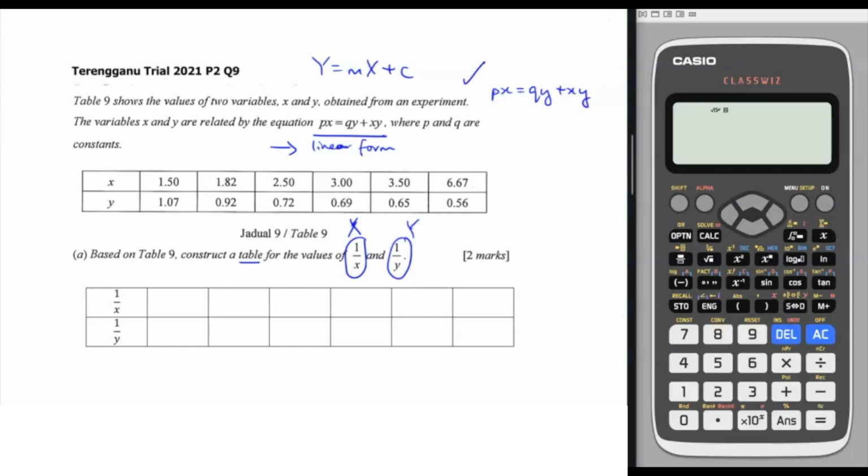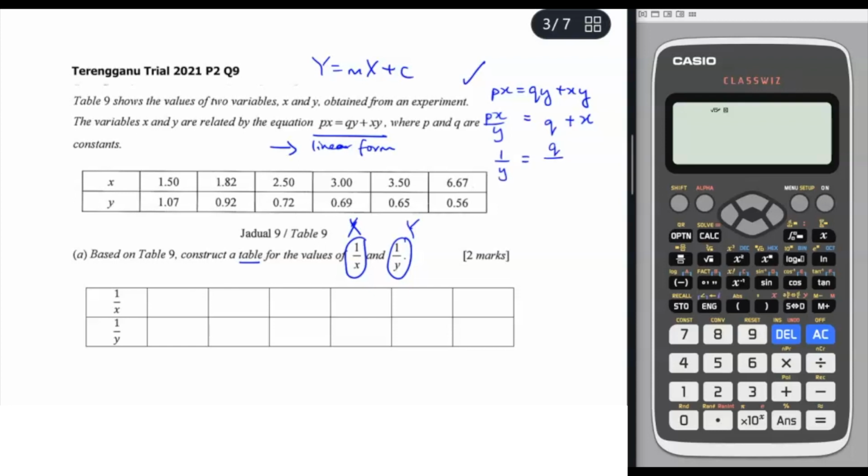So I'm going to do some shifting, whereby I'm going to divide everything by y. Let's see what we'll get. So px over y equals q plus x. Here will be 1 over y, and then all divided by px.